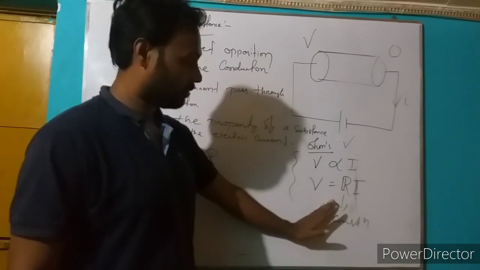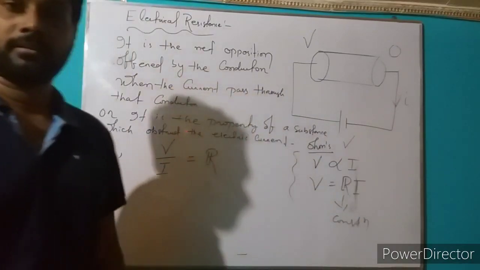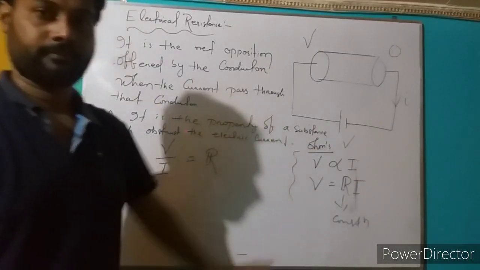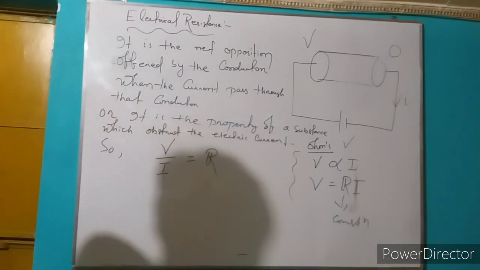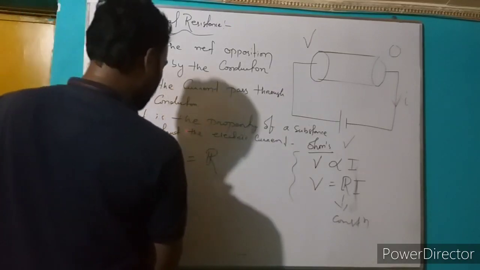According to Ohm's law, in an ohmic conductor resistance becomes constant. I'll define it after 2 lectures. Please listen carefully, this is very important. So here V by I equal to R.